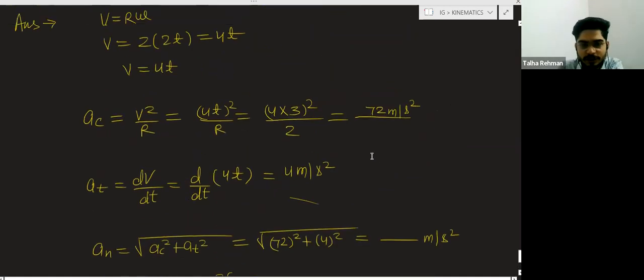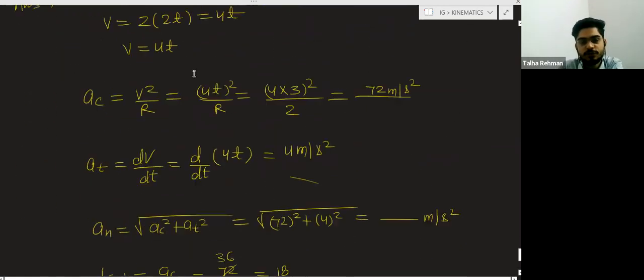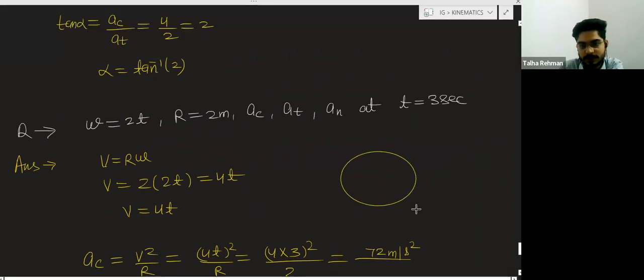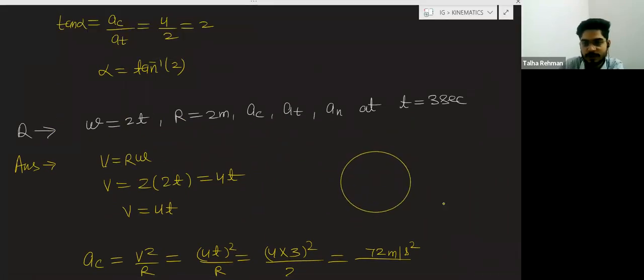If you want to show this on the diagram, then you can easily show this on the diagram also. This is the circle. Okay, suppose this is the point and this is the center of the circle. This is the radius, and in this direction there will be the centripetal acceleration, and in this direction there will be the tangential acceleration.